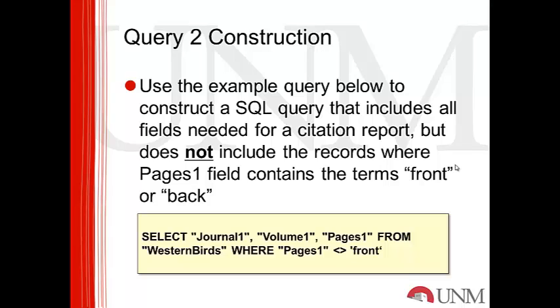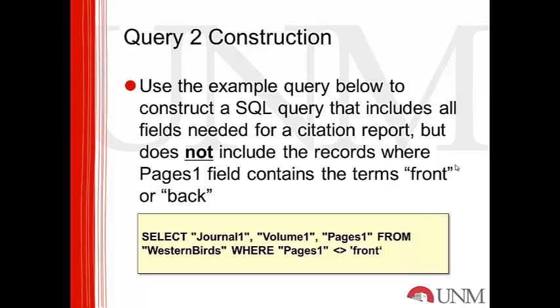And then what we want to do at the very end, where the where clause is inserted, is that you remember from your spreadsheet assignment that there were a number of records in the spreadsheet where the pages were listed as front and back, which were records that indicated the front and back matter of each journal issue.